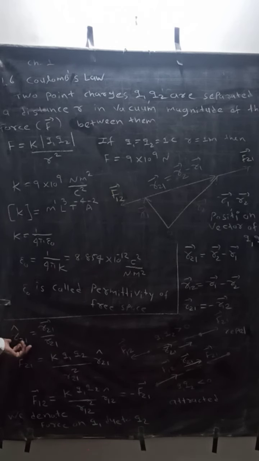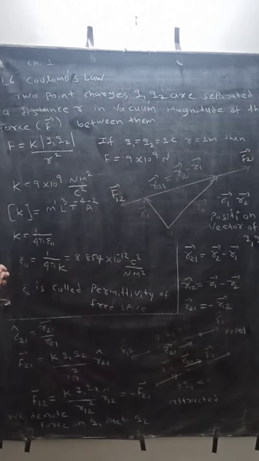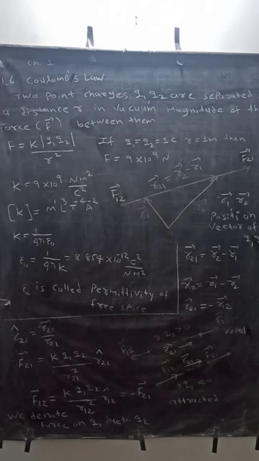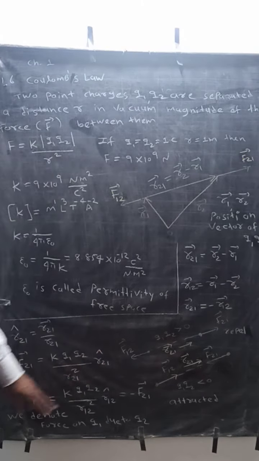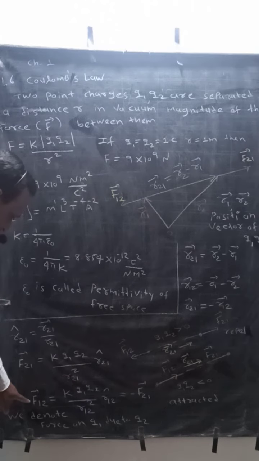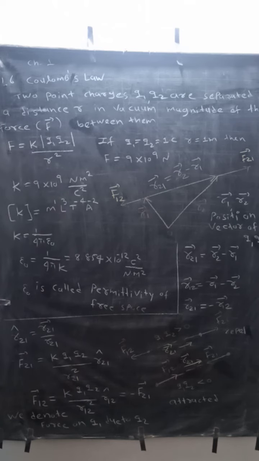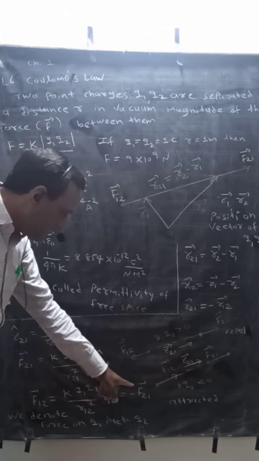This direction is used here, and then you can give the force in vector form. F21 is equal to K Q1 Q2 divided by R21 square into unit vector R21. Vector F12 is equal to K Q1 Q2 divided by R12 square into unit vector R12, which is equal to minus F21.